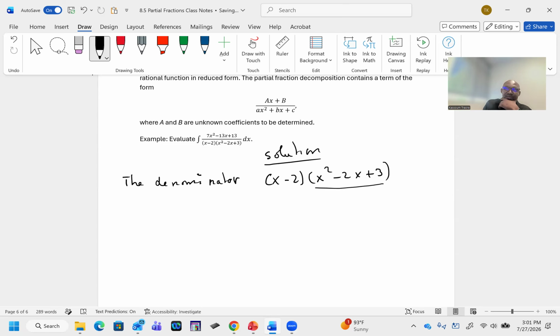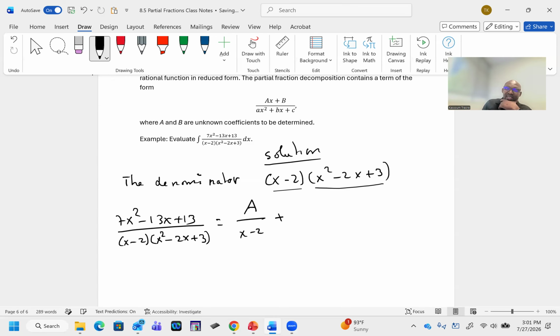So the appropriate form for the partial fraction will be, we already have a linear factor. This is a linear factor. So that's why if I'm factoring 7x squared minus 13x plus 13 divided by x minus 2 times x squared minus 2x plus 3, it will be equal to a divided by the linear factor, which is x minus 2.